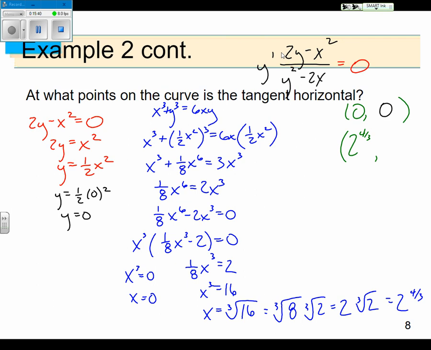If I put 2 to the 4/3 in there, it gives me like 3.17 or something. So you can double check me on that, but I plug that 2 to the 4/3 into this x just like I did 0. Those should be my 2 points where the tangent line on this curve will kind of level out.